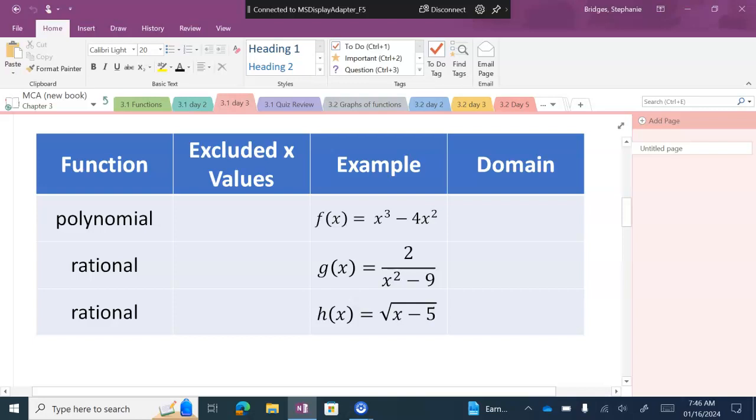So you have your polynomial functions, you have a rational function, and then you have a, that's supposed to be radical, not rational. Change that last one to radical, not rational.